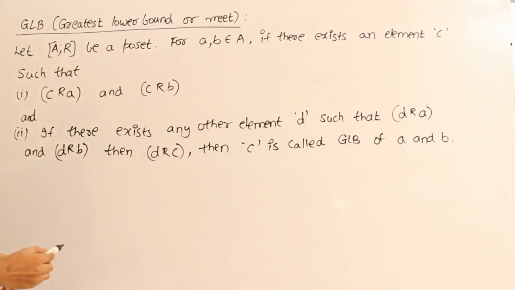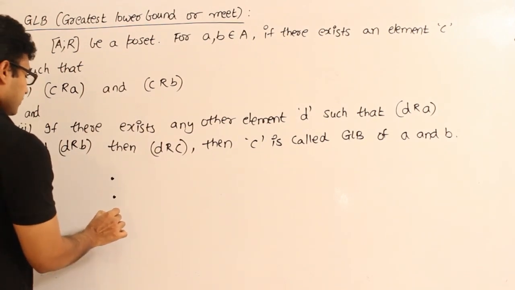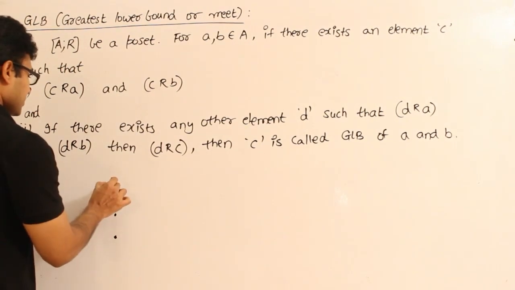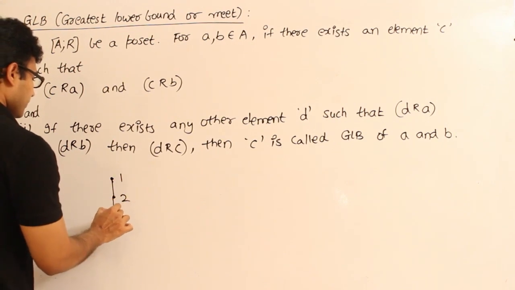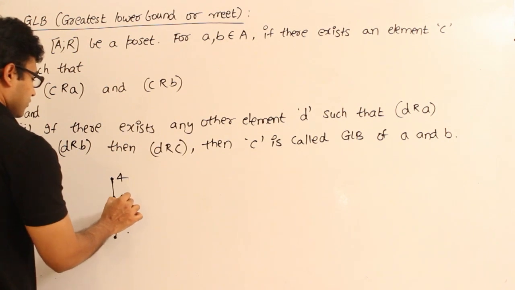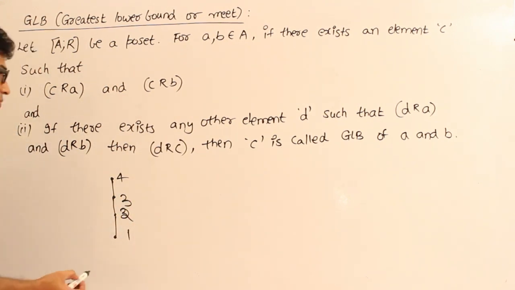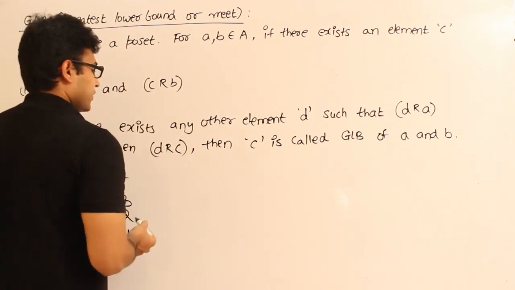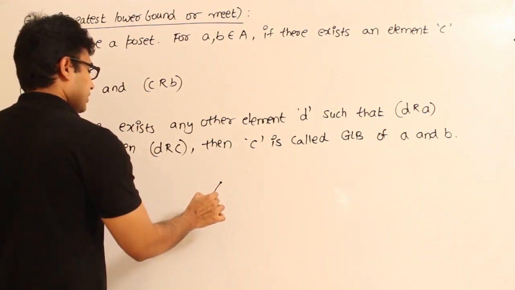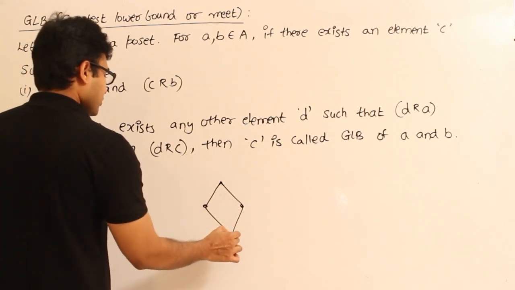If you have the partial ordering less than or equal to, let's say we have 4 numbers, 1, 2, 3, 4. This example might not depict the problem, so let me take one other example. Let's say power set and set inclusion.